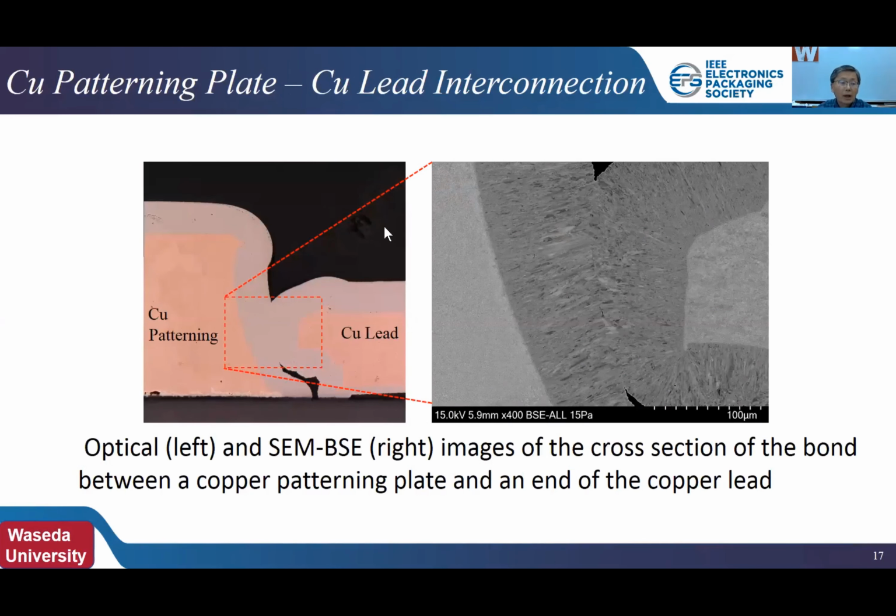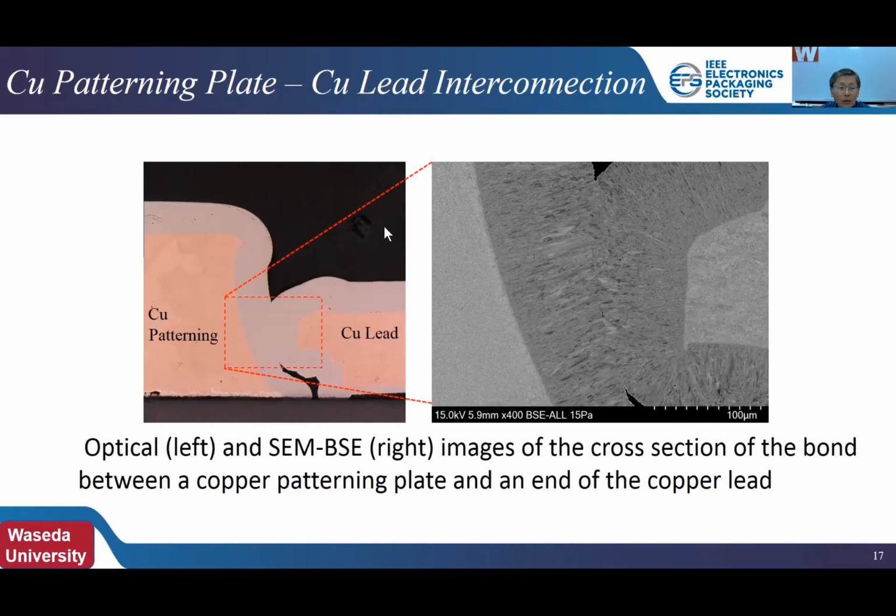The other ends of the copper leads need to be connected with the copper patterning plate simultaneously by NMPB in the nickel plating bath, namely the bonding of copper to copper. This figure shows an example of the cross-section observation of the bond.